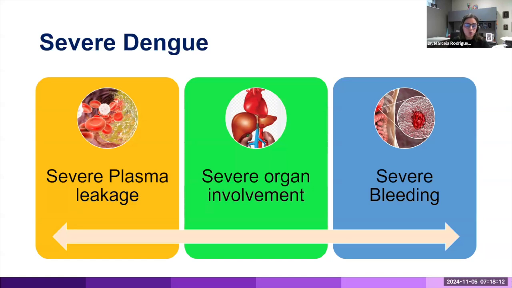There is severe organ involvement with hepatic liver enzymes elevated more than 1,000, neurologic manifestations such as lethargy and impaired consciousness, and myocardial dysfunction. The third way it can present is with severe bleeding. The patient would have epistaxis, GI bleeding, hypermenorrhea, and gum bleeding.